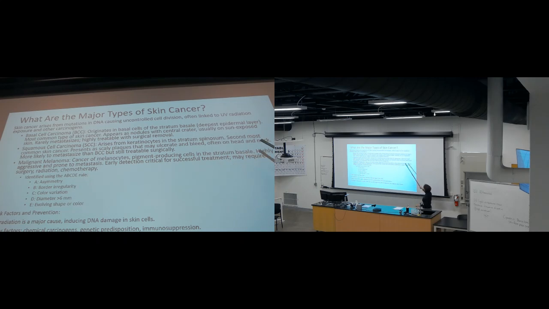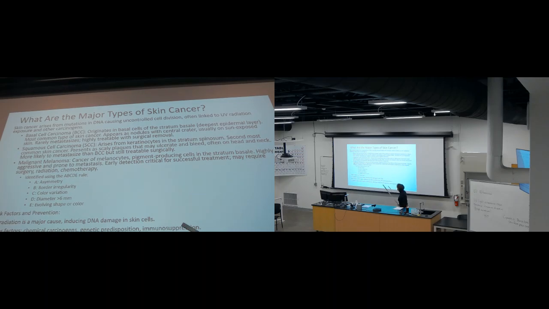It is found in areas that are highly exposed to sunlight, like the head and the neck. It is more likely to metastasize than BCC because this type of cell undergoes greater mitosis than the first one. And this one is still treatable with surgery.